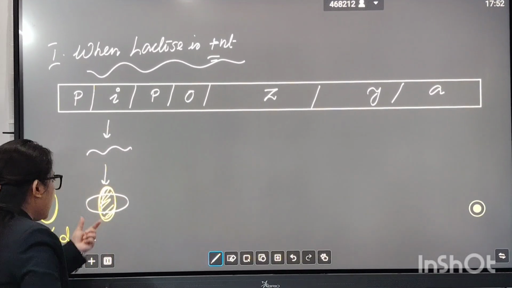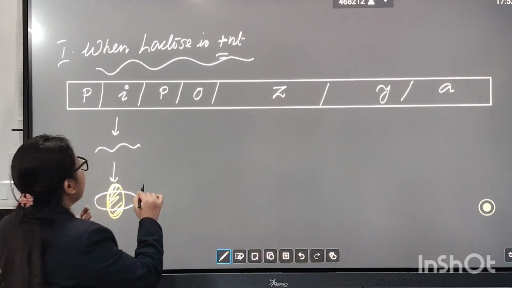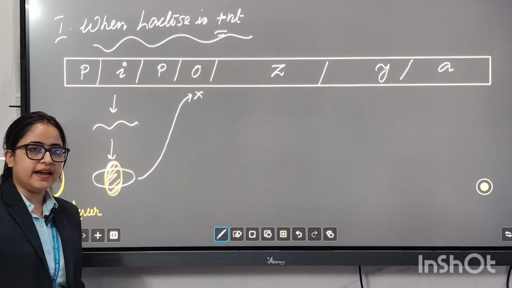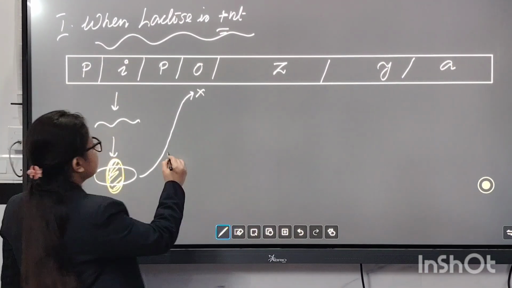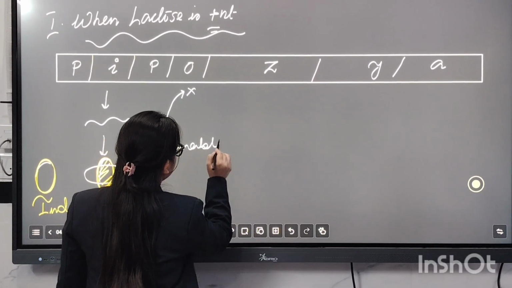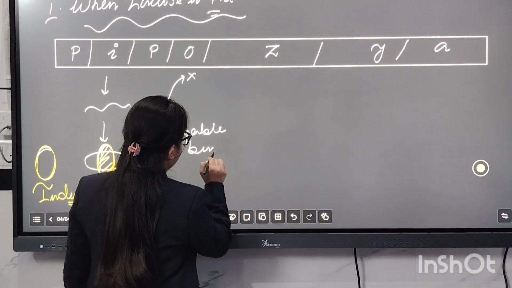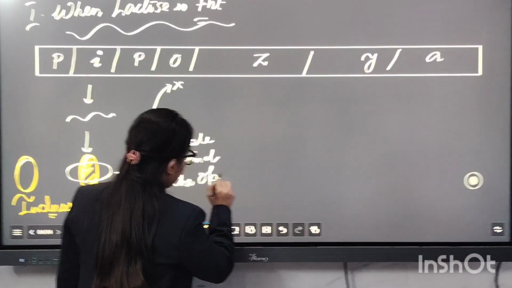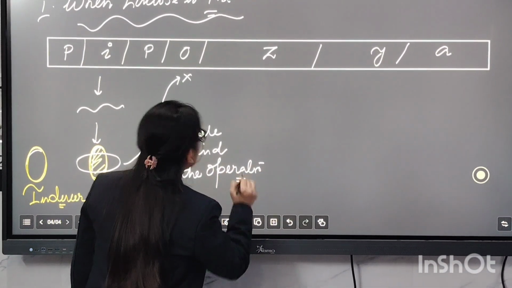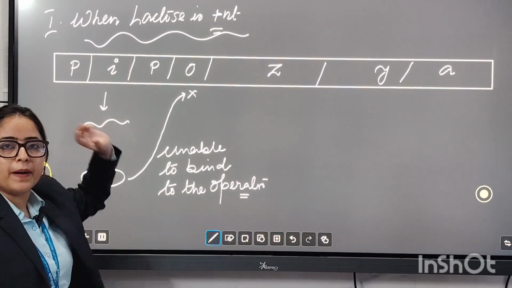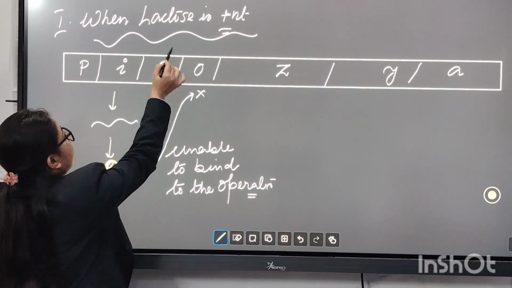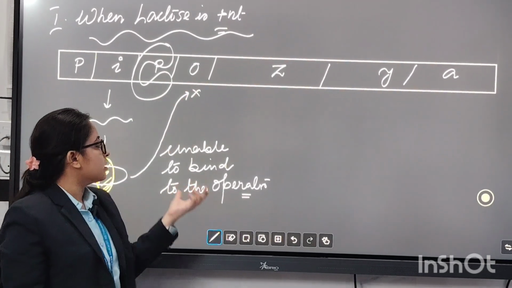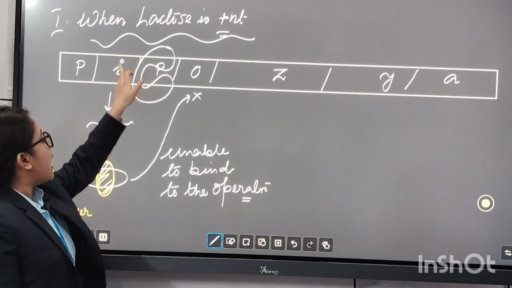What does it mean? Now, this inhibited repressor is unable to bind to the operator. As the operator sequence is not occupied, the promoter is free for the binding of RNA polymerase.